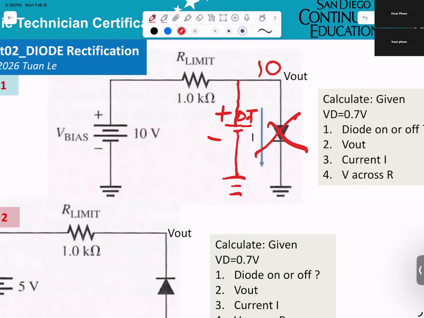So if you measure at the output here, what do you think VL will be? 0.7 volt. The thing is VL is from this point to the ground. You see the battery 0.7. So the answer is the diode will be on.